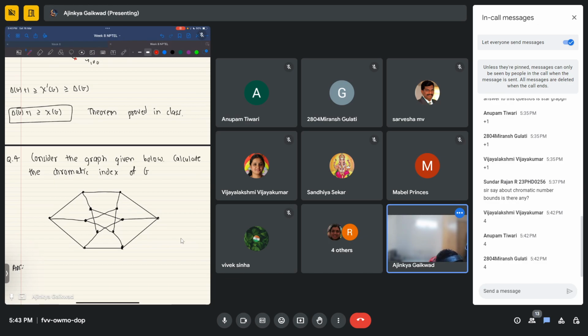Let me take this with 3, so green, and then again red, then let's say blue, and then green. Okay, so right now there is no problem yet.